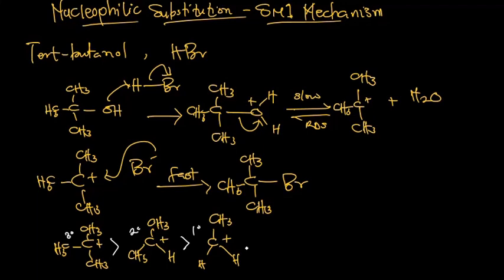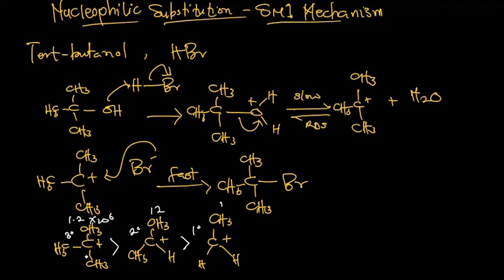So when we are talking about the rate of reaction with respect to SN1, we have the tertiary carbocation, which is going to have a rate of 1.2 times 10 to the power 6, which means it is very fast, compared to the secondary carbocation, which is going to give you 12, and the primary a rate of 1. Now, the reason for this is because the tertiary carbocation is really stable.